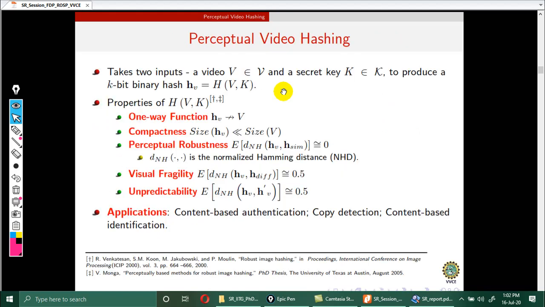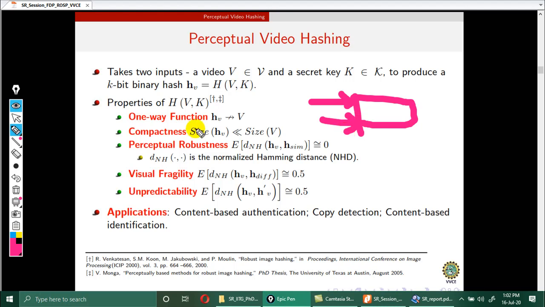Now a perceptual hashing technique is a function that takes two inputs, a video and a secret key k, to produce a k-bit binary hash. What I mean to say is, suppose I consider this as a black box hashing function. It takes two inputs.